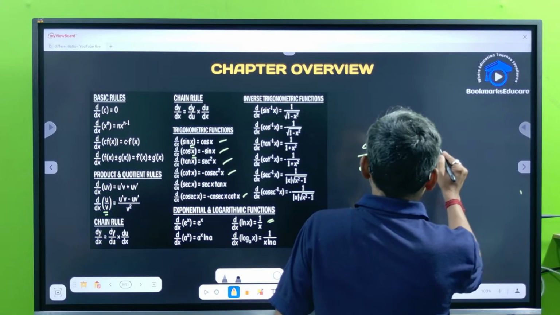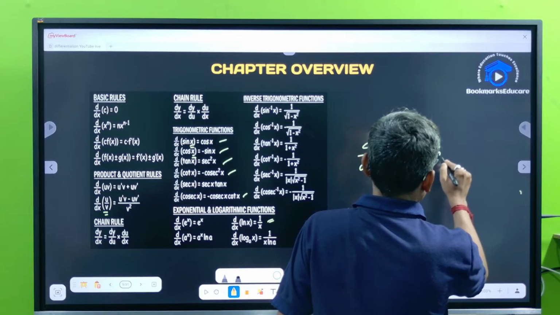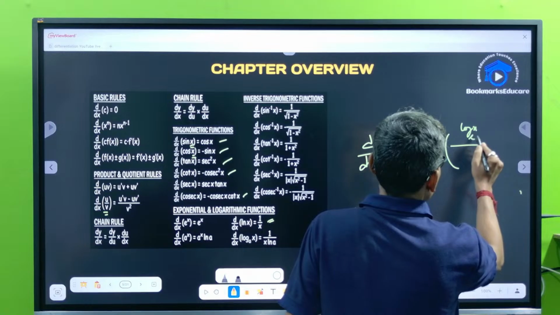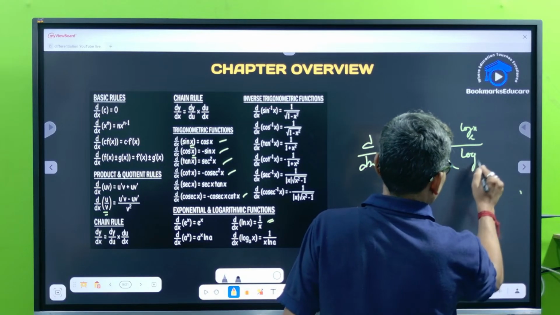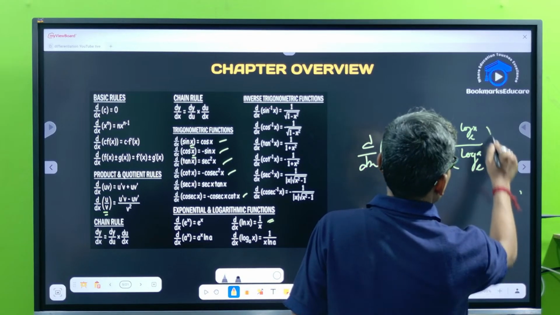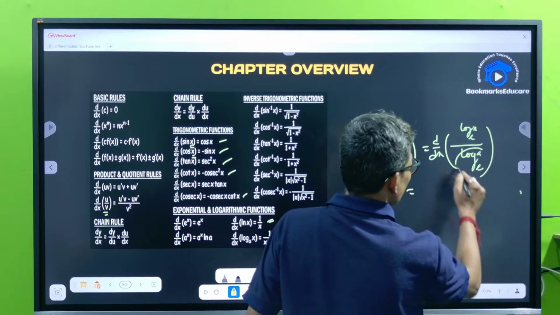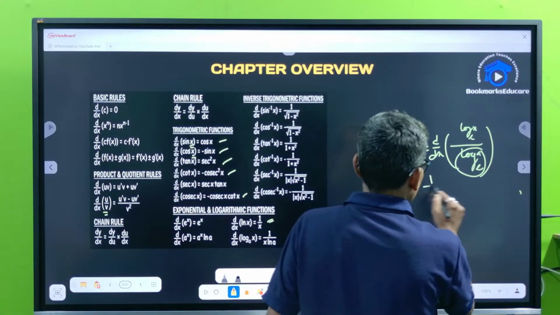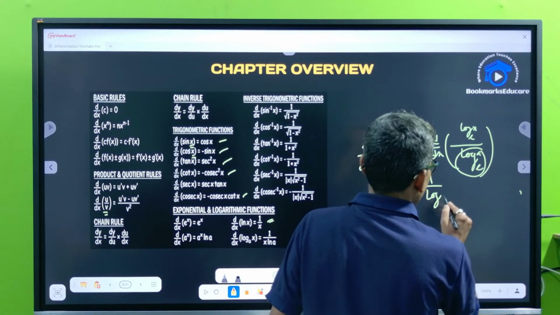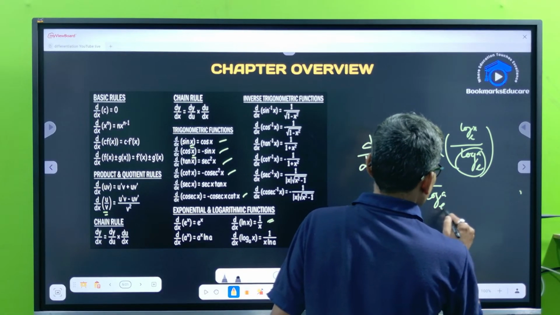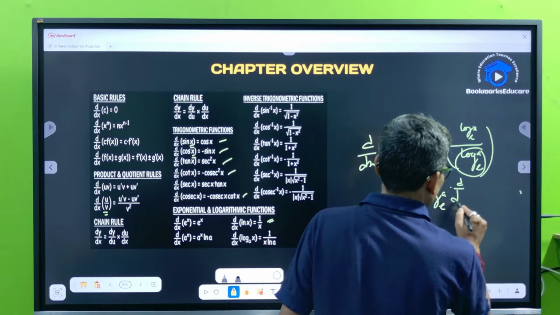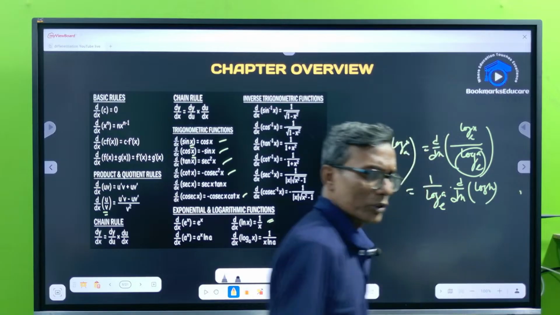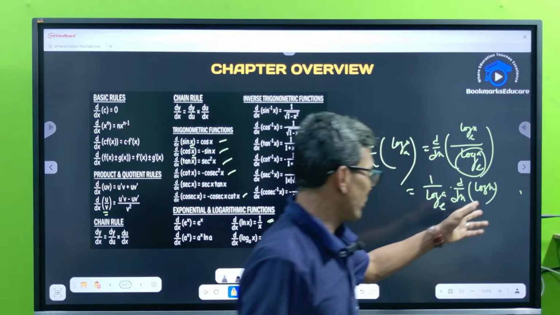That can be done in this way: log x to the base e by log a to the base e. Here log a to the base e is considered a constant. So 1 by log a to the base e into d/dx of log x. We don't need to mention the base over here.